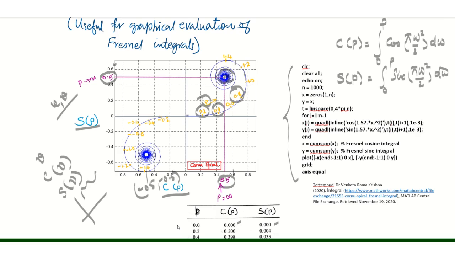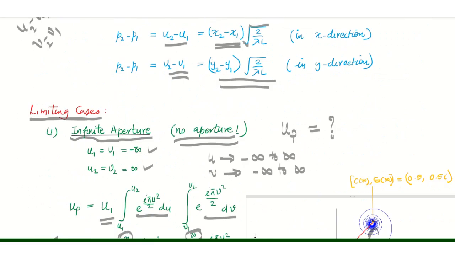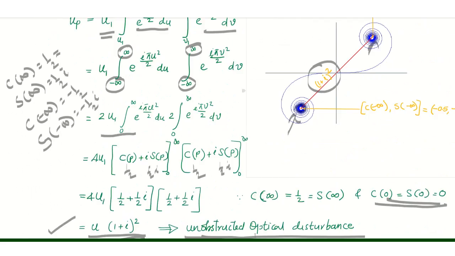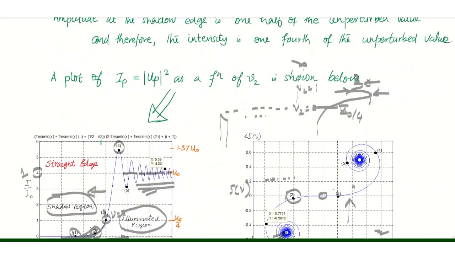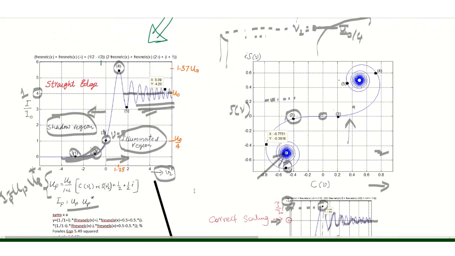What is plotted for the Cornu spiral is CV or CU and SV or SU, and all the points on this curve correspond to particular values of U and V. The U and V are the actual real spatial values, which are proportional to x and y.